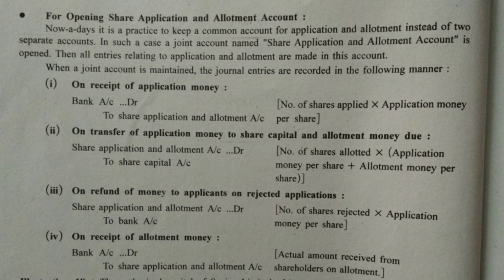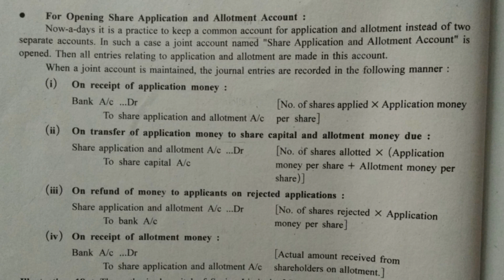Understand. What is the journal entry for transfer of application money to capital account? It is share application debit to share capital. And what is the journal entry when allotment money becomes due? Share allotment to share capital. In both the cases, share capital is credited. So instead of writing two journal entries, we have combined them.